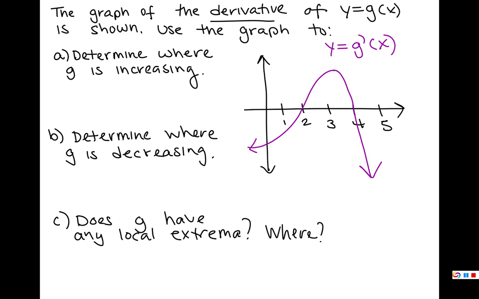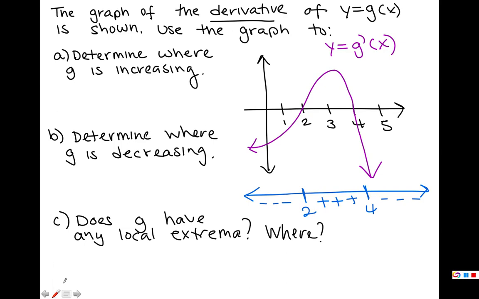All right, so we know that functions are increasing where the derivative is positive. To help me answer this question, I'm going to take the information that's given to me in this graph, and translate that into a number line, just like what we've been doing in the previous problems. Again, the thing that's been graphed is not the original function, it is the derivative.